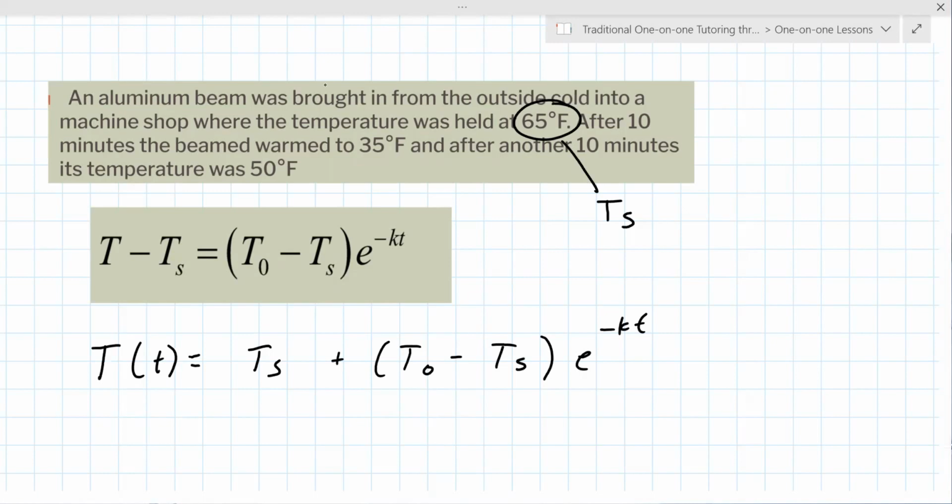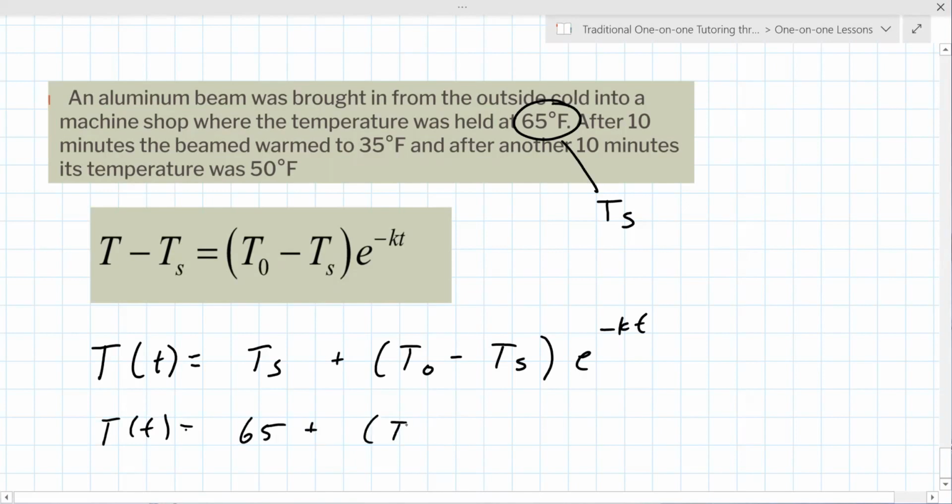Okay, so I guess we can just substitute this value in. So T of t equals 65 plus. Wait, did you just write that equation a different way? I did. What's not clear in what your instructor gave you is that this is your output and your input is time.